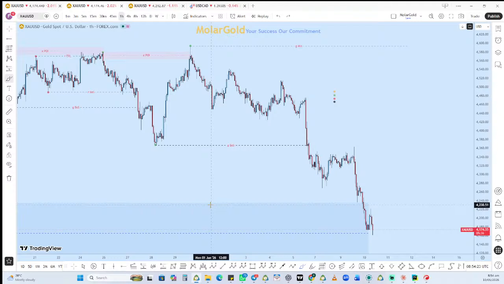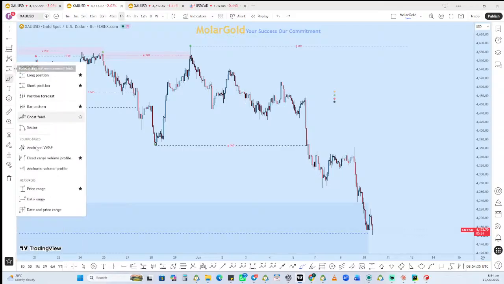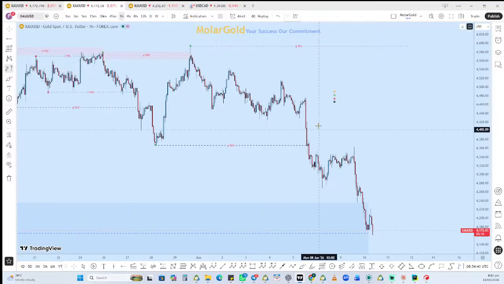We have all of these things. And you can also use this indicator right here. Let me see if I can get you this indicator. This indicator is called fixed range volume profile. You can also use that. It doesn't show on this particular chart.